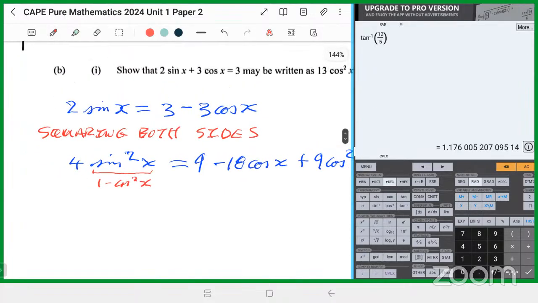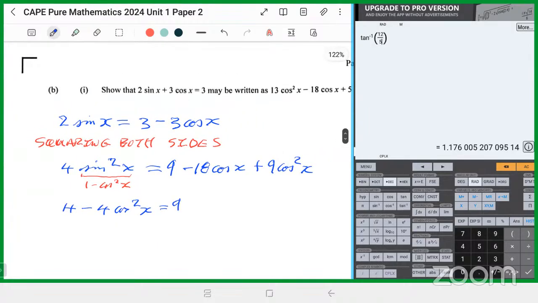So the left side becomes 4 minus 4 cos squared x, which is now equal to the entire right side of 9 minus 18 cos x plus 9 cos squared x.